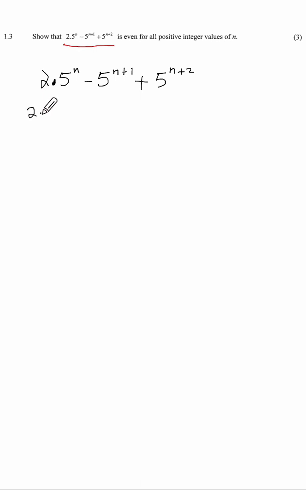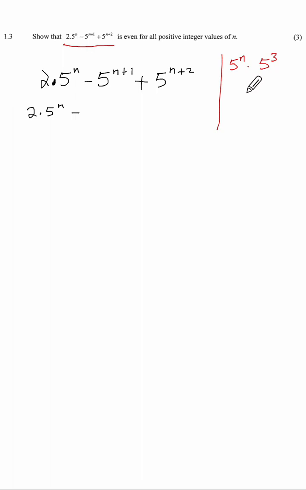So here I already have 2 by 5 to the power of n. Let's just use a different color here, this is just for explanation purposes. If I have 5 to the power of n multiplied by 5 to the power of, let's just give it a number, 3.